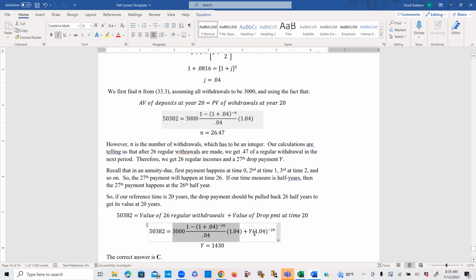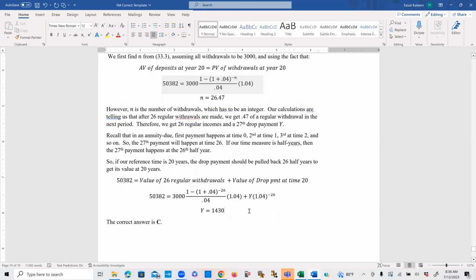If Y is the drop payment, its value at the reference time 20 will be Y times 1.04^(-26). From this equation, Y comes out to be 1430. So you first calculate all this out, subtract it from 50,382, and then divide by 1.04^(-26). That gives Y equals 1430. That is choice C.